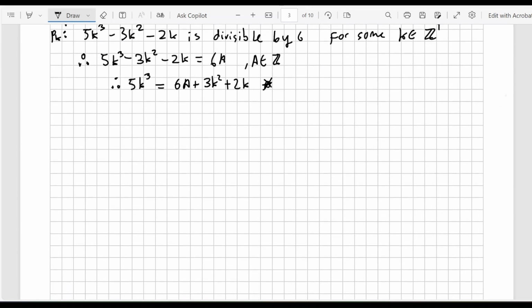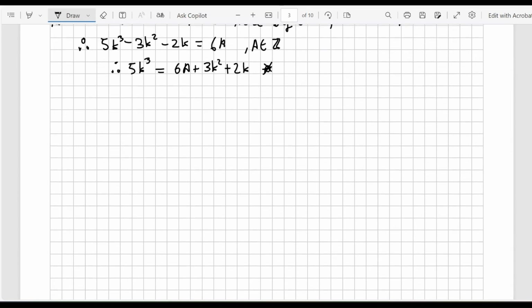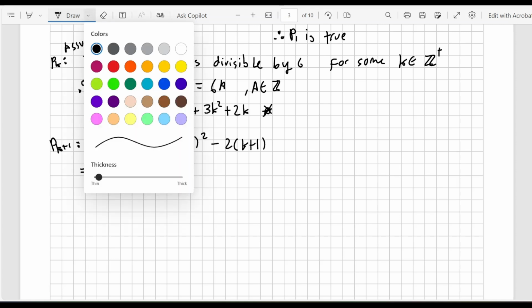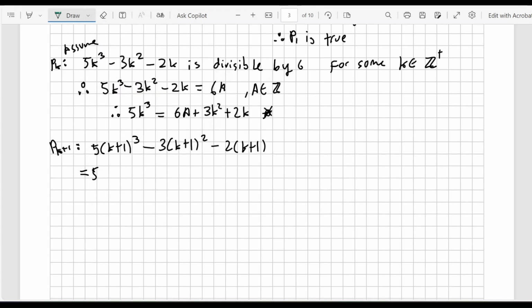All right, here we go. So let's do our P(k plus 1) step. So we're looking at 5 lots of k plus 1 cubed, take 3 lots of k plus 1 squared, take 2 lots of k plus 1, and we can maybe expand that and deal with it. So I'm just going to do my equal sign down here just because it's going to get very messy. Something that could be good to have on a cheat sheet if you're not super familiar with these expansion rules are expanding squares.